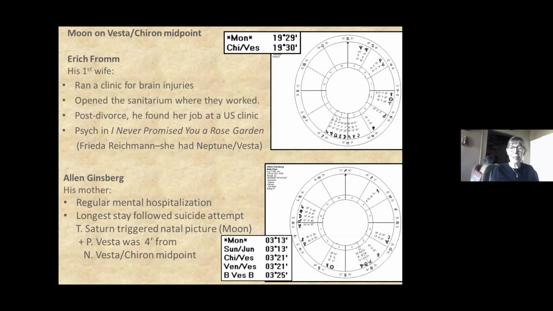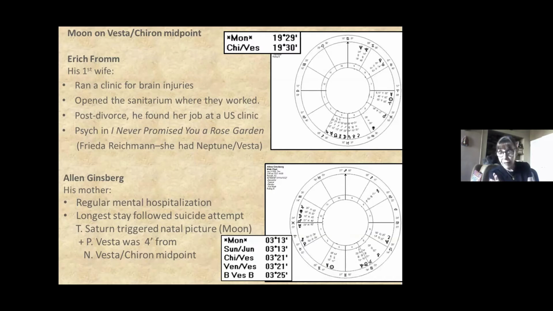So it was likely that she was going to have to go somewhere to get better. So one of her stays was triggered by Saturn, meaning he had transiting Saturn to his moon.